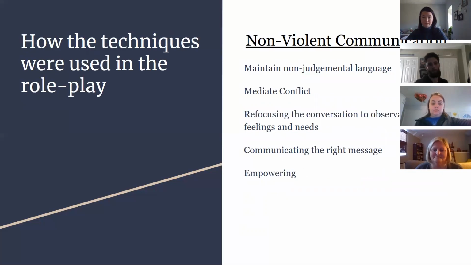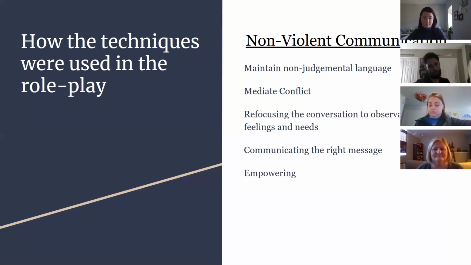Now we go into how the techniques were used in the role play. Nonviolent communication was important in maintaining the non-judgmental language. Oftentimes we would resort to using feelings that involved another person, which typically would show judgment or blame, as well as mediating conflict, as if it was a recently divorced couple involving multiple layers.